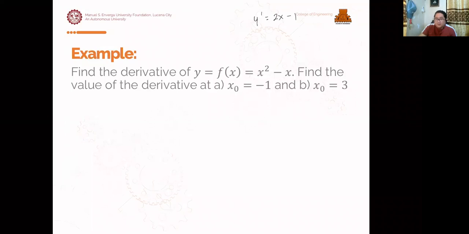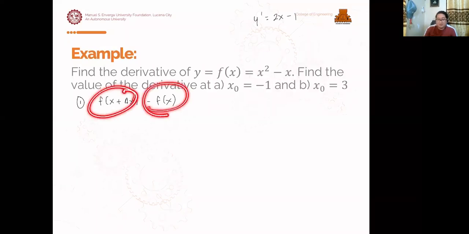Okay, going back. Pinapahanap yung derivative. So first step natin, ano nga yung nakalagay sa first step? Kailangan kunin natin yung f of x plus delta x minus f of x. Ang ibig sabihin niyan, yung original function mo, lalagyan mo lang ng delta x sa unahan, tapos ima-minus mo dun sa original function mo.